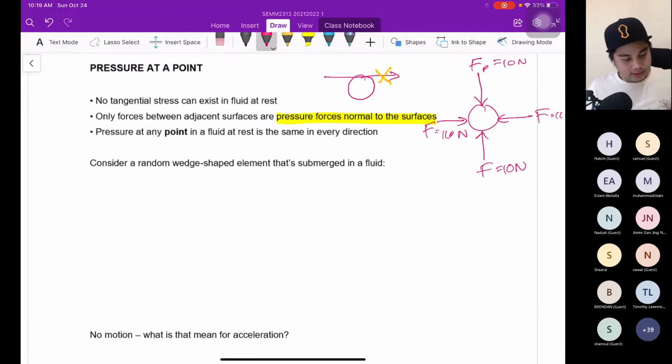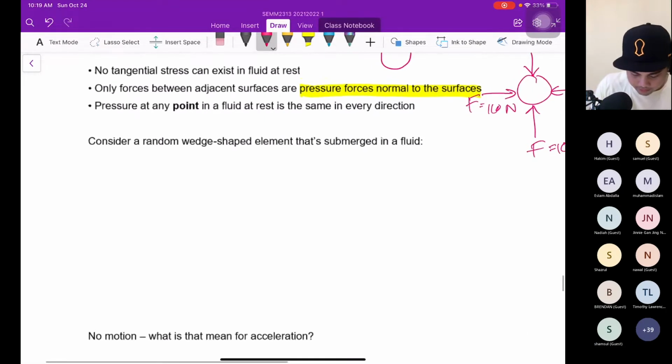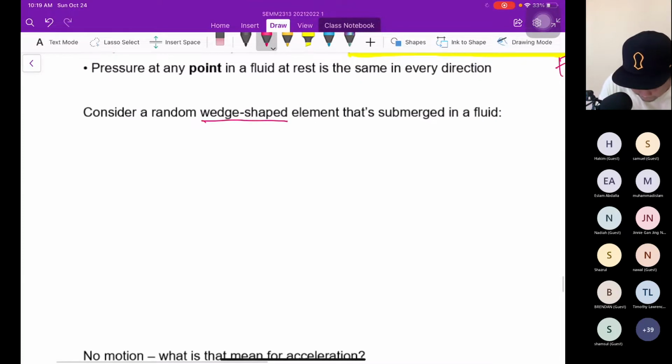For example, let me draw for you. I try to draw nicely. Okay, this is a wedge shape, like this, and then like this.